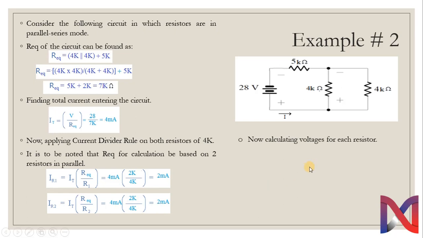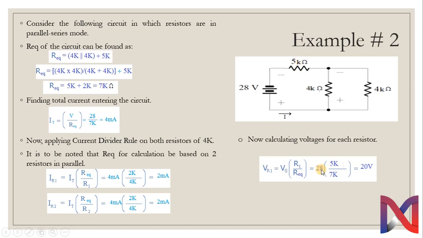Now calculating the voltages for each of the resistors, VR1 is equal to Vs multiplied by R1 divided by R equivalent. You are already familiar with this formula. The formula is for the voltage divider rule, which we applied right here for 5 kilo ohm.